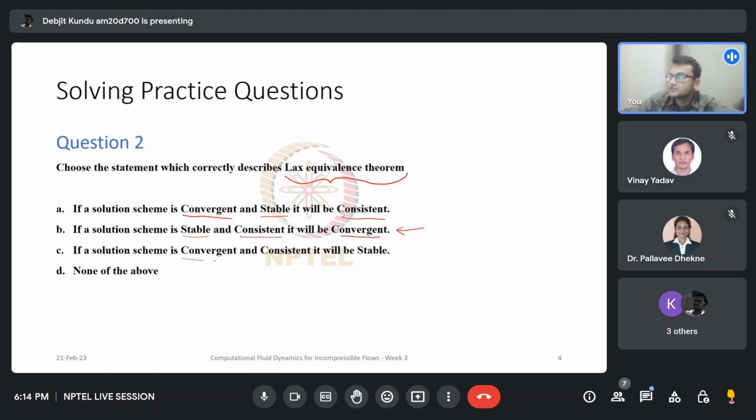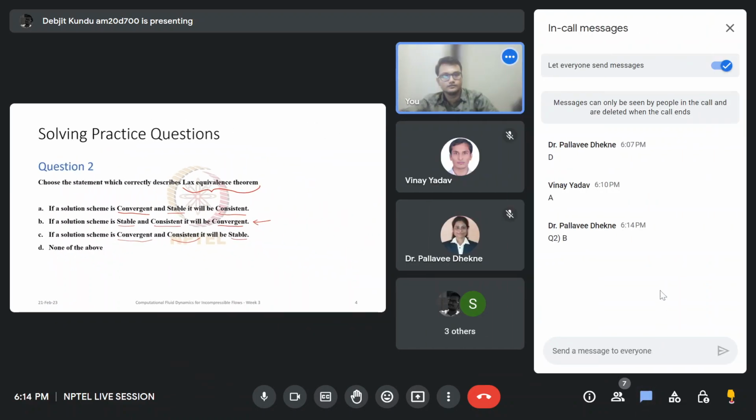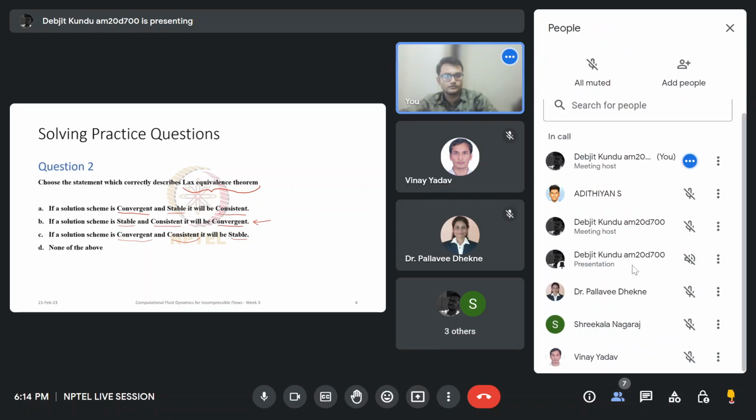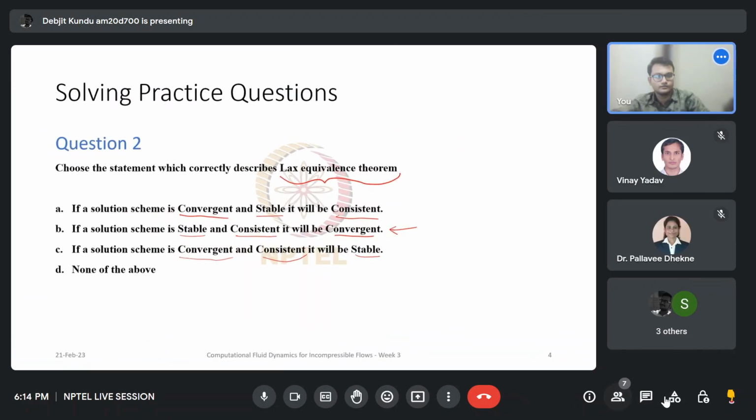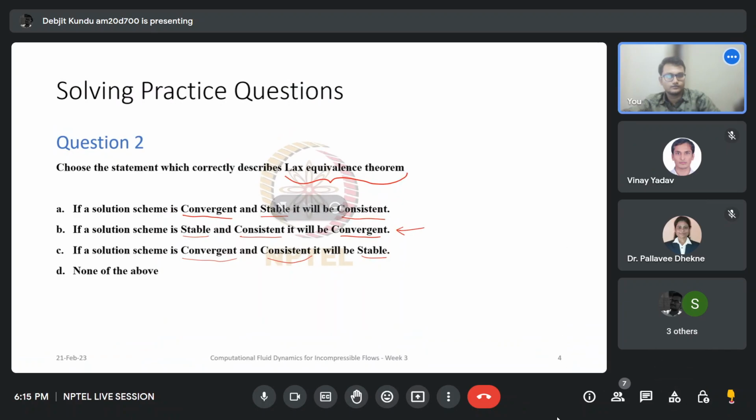Option C is if it's convergent and consistent, then it will be stable, or none of the above. So we have two responses in favor of option B. Any other responses?